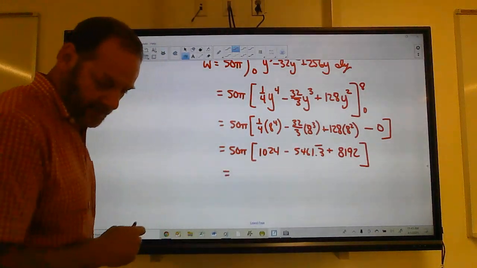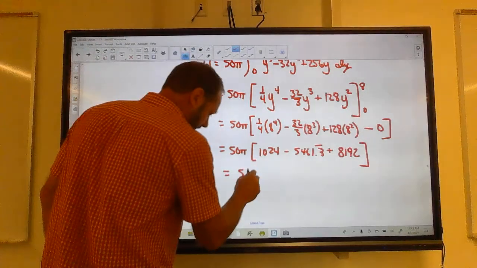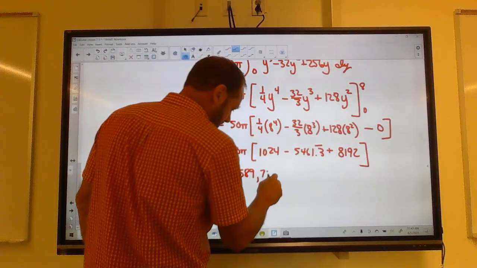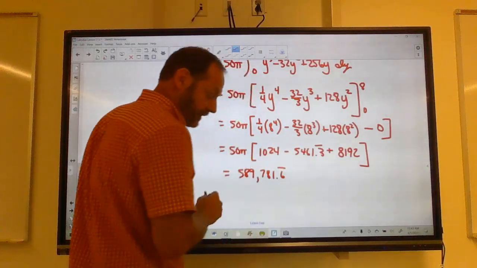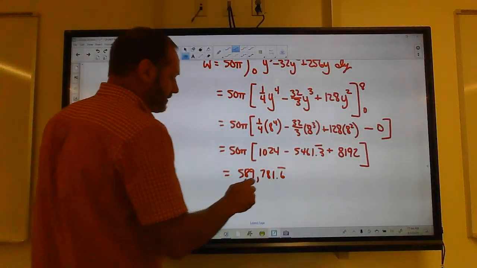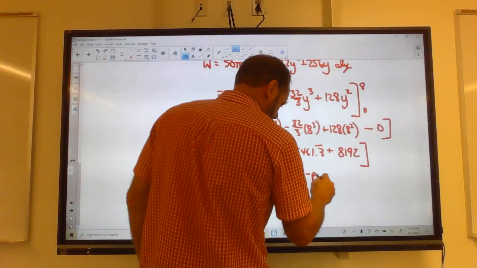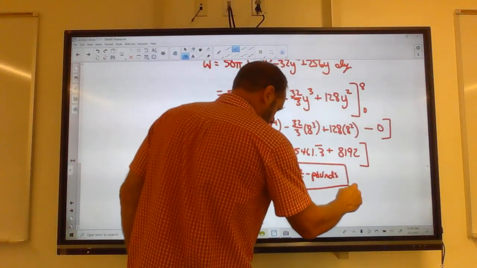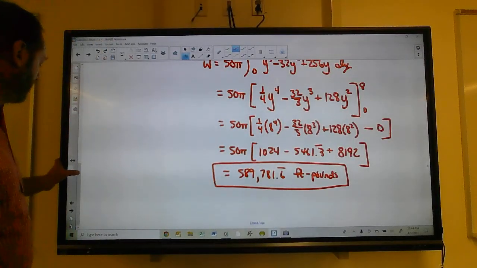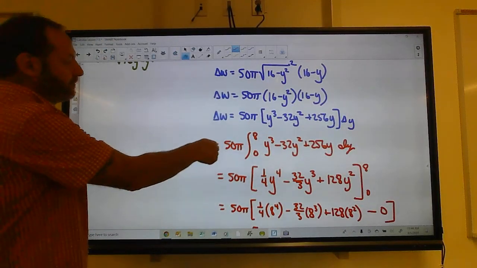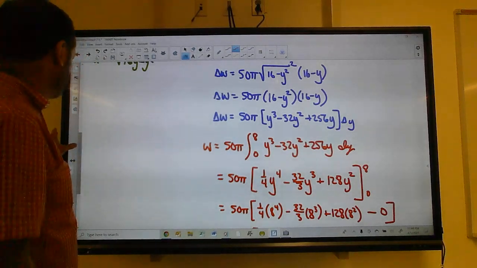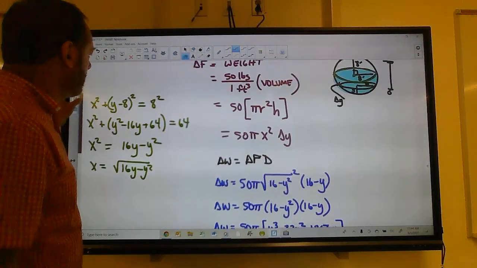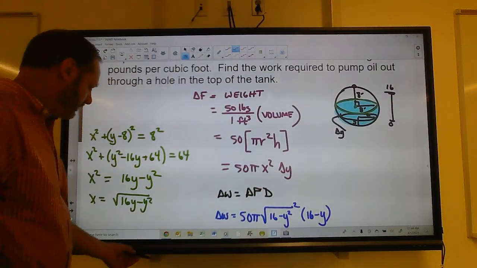Okay, and that comes out to be 589,781.6 repeating, and that's measured in foot-pounds. Okay, again, the integrating is not the problem. It's getting the problem set up that's the difficult part. It's this part up here, and knowing what it is that you have to integrate.